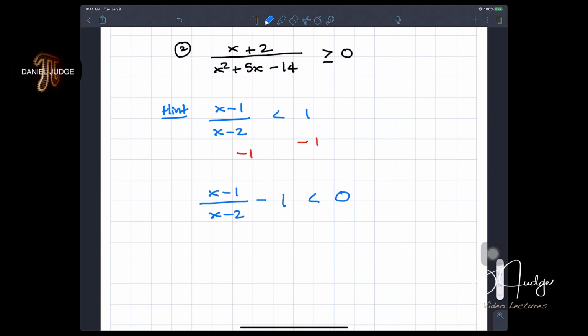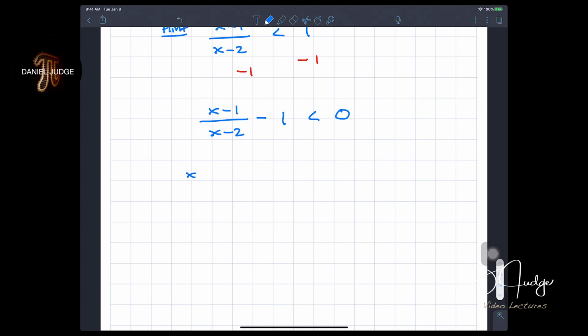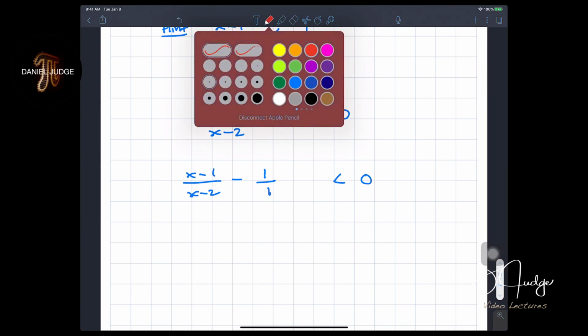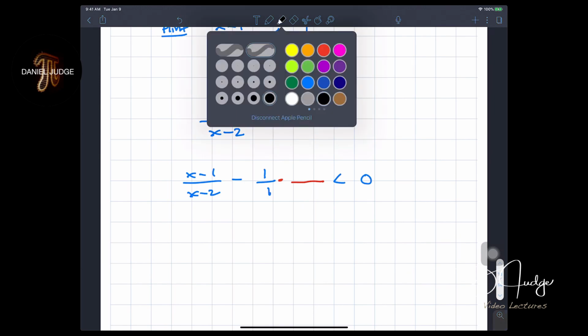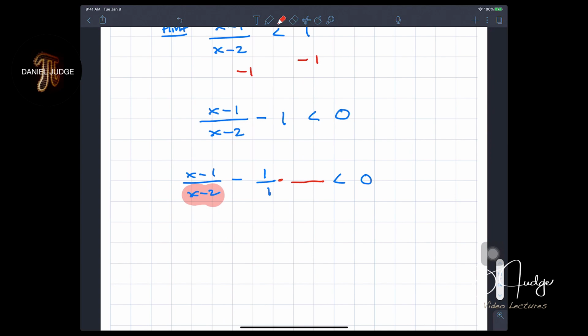That's how you start number 1. Then I might say to you, what do you do now? Here's another hint. This is a fraction. If you remember how you subtract fractions, you need the same denominator. The denominator that has to be the same here is x minus 2. So I'm going to put an x minus 2 down here and an x minus 2 up here.